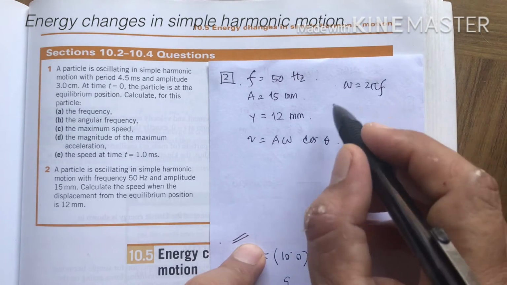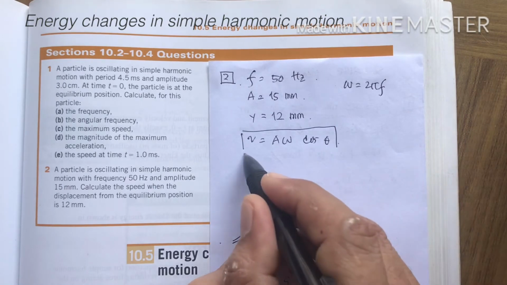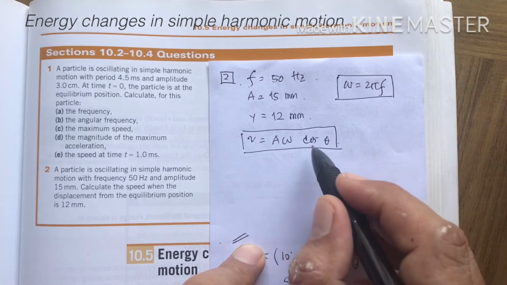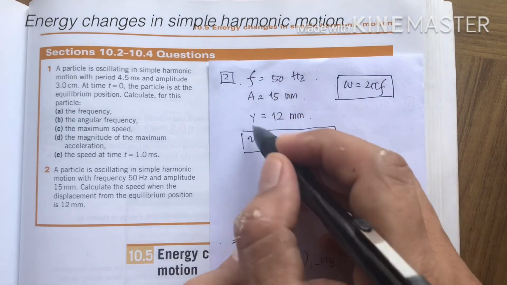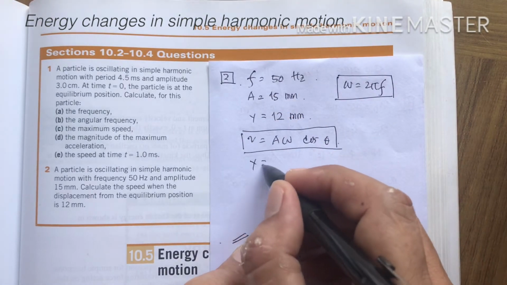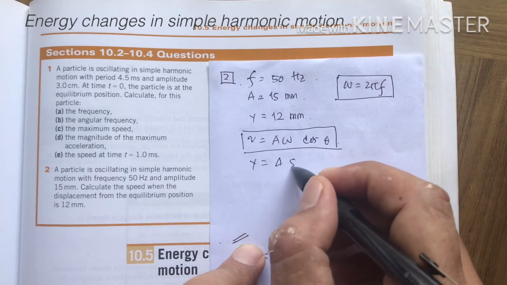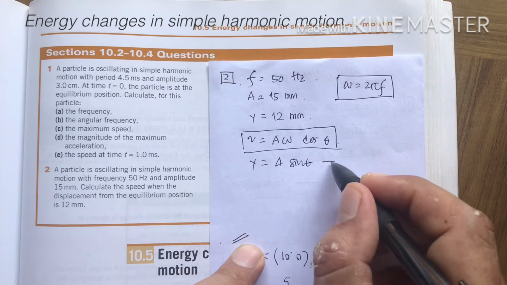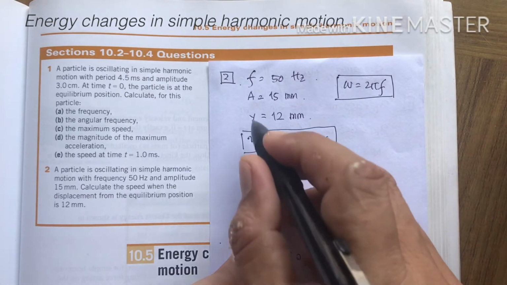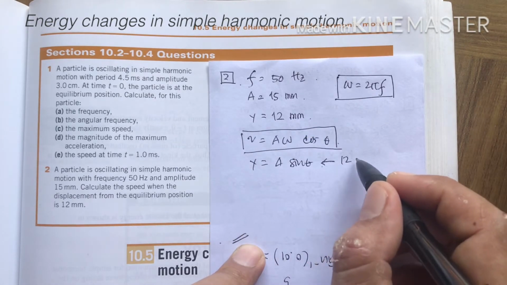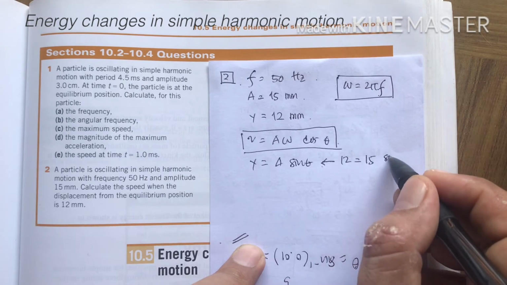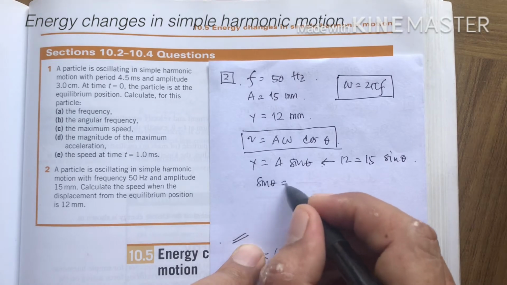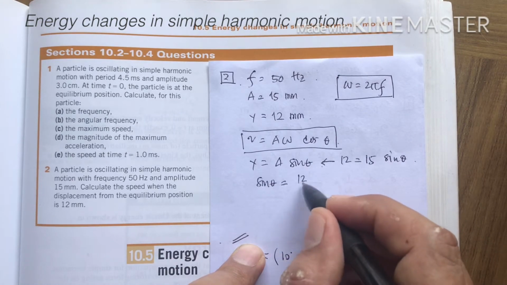For this equation we still haven't got cos theta. We find it from y equals A sine theta. So y is 12 and A is 15, so sine theta is 12 over 15.